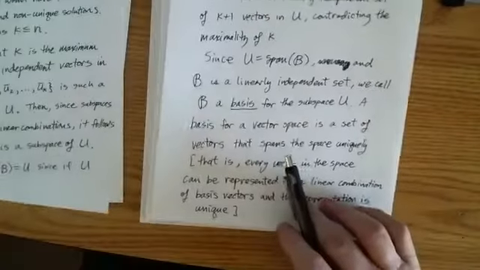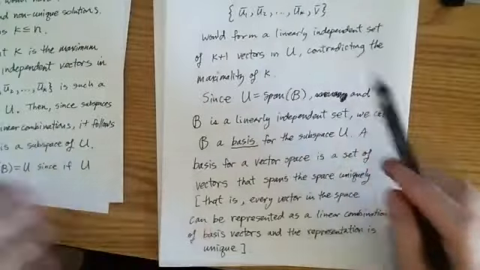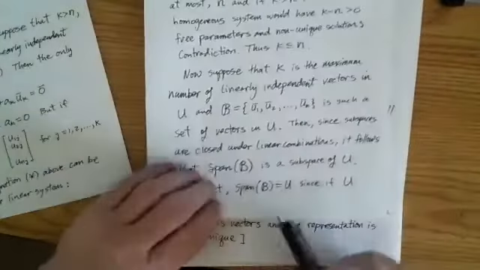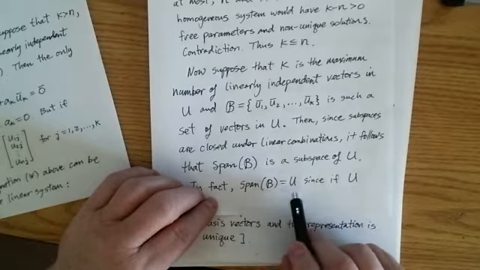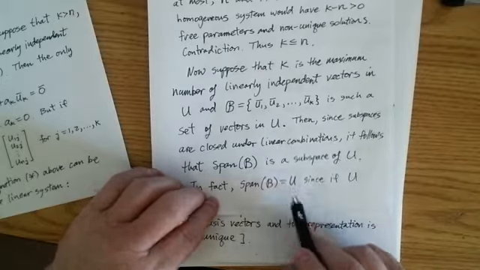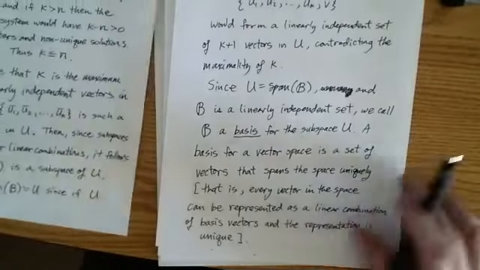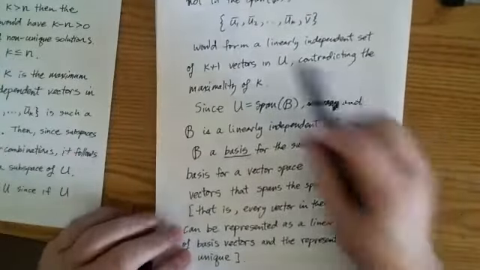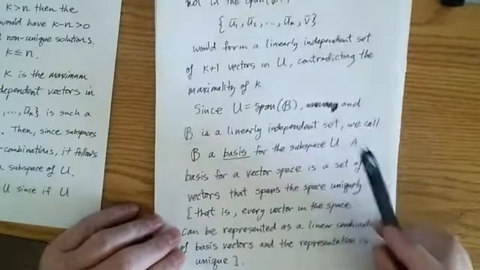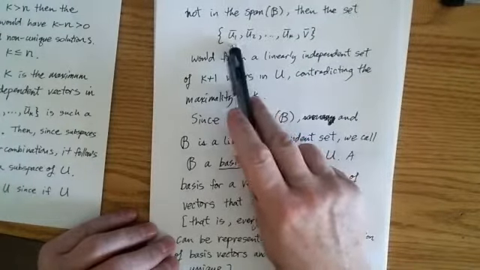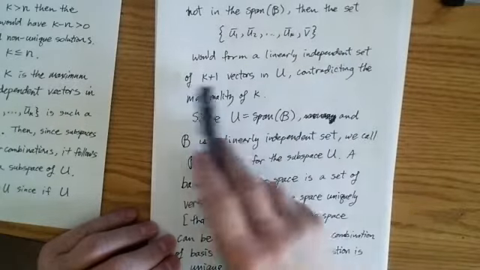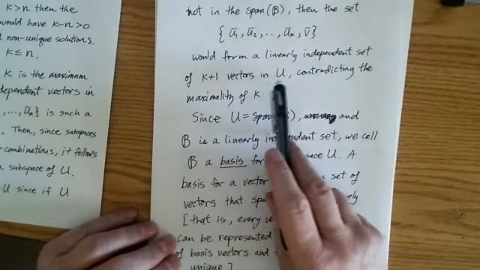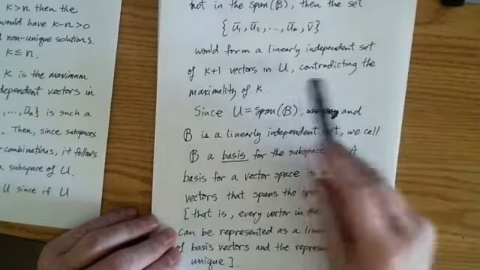Since if U contains some vector that was not in this span, so let's assume that the span of B is actually smaller than U itself, then if U contains some vector v that was not in the span of B, then I could just consider this set of vectors, u1 through uk, together with v, and that would form a linearly independent set of k plus 1 vectors in U. But that contradicts what?